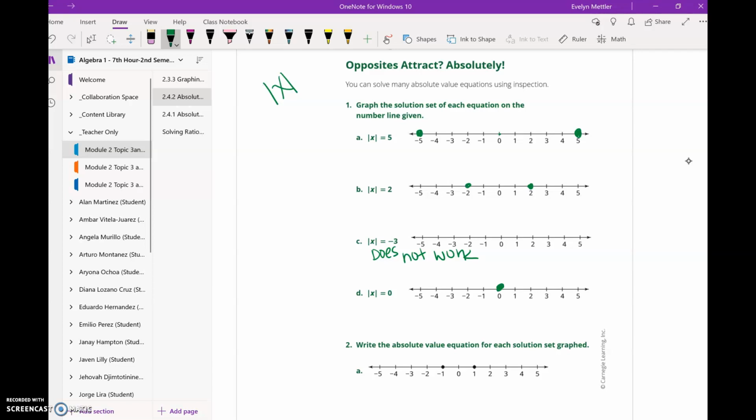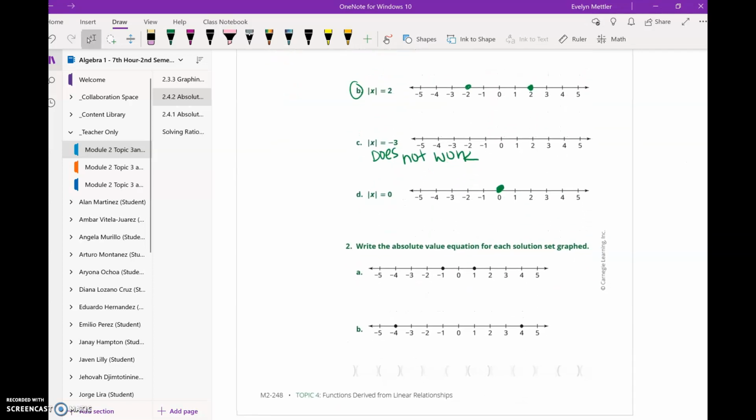So distance can't be negative, okay? And when we are taking the absolute value, we can either be to the left of 0 or to the right of 0. So notice, this one and this one both have two answers, basically. If I wanted to write an absolute value given a number, so if I look here, I have 1 away from 0 to the right and 1 away from 0 to the left.